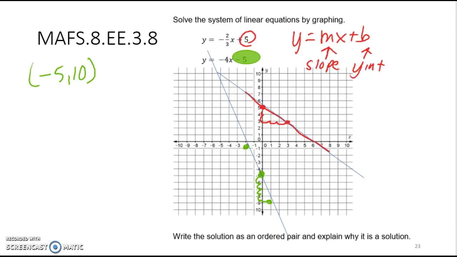Maybe that's a little bit off, maybe negative 5, 9. I want to say negative 5, 9. And this is just approximate. We didn't graph it exactly, so that's just approximate.